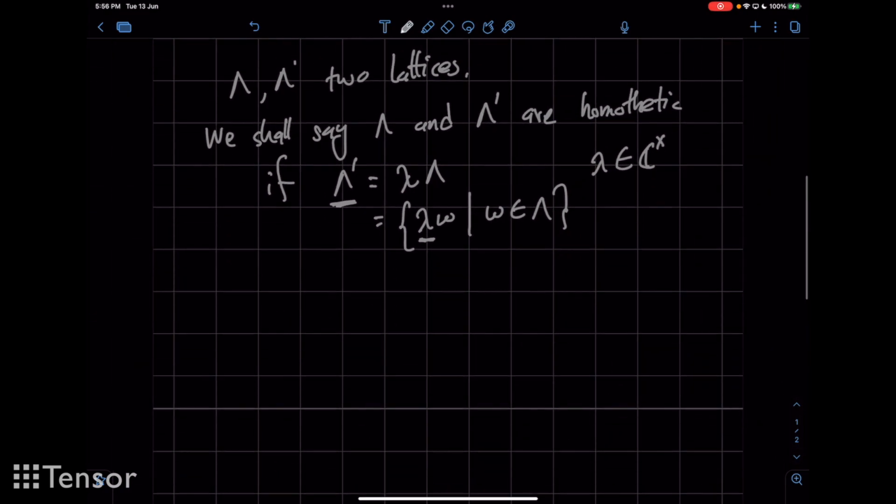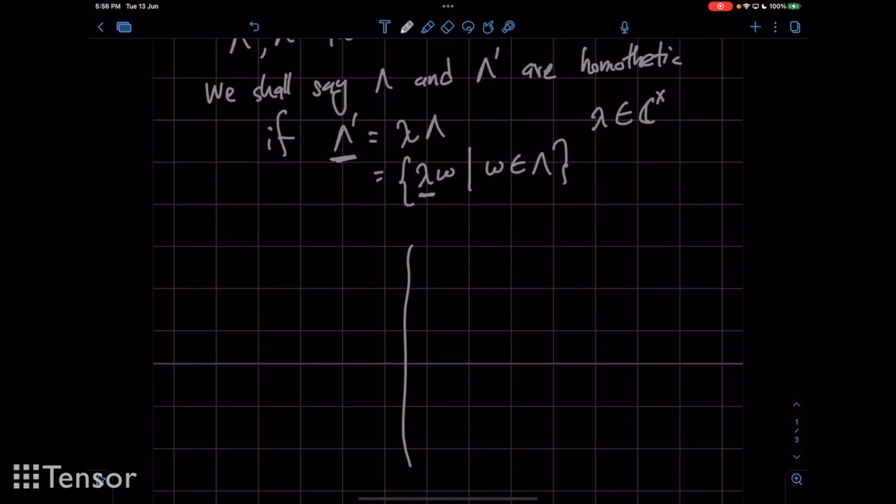So visually speaking, let's say my lattice is the lattice of all the Gaussian integers. That lattice is generated by 1 and i.